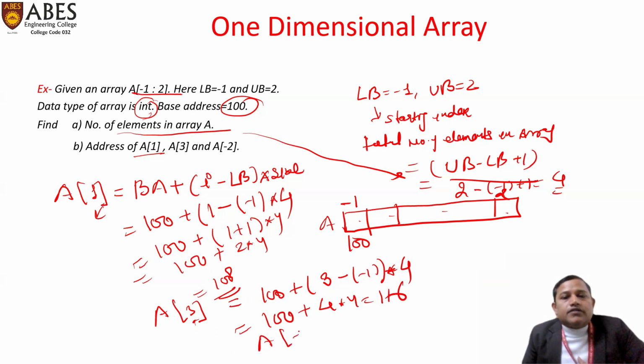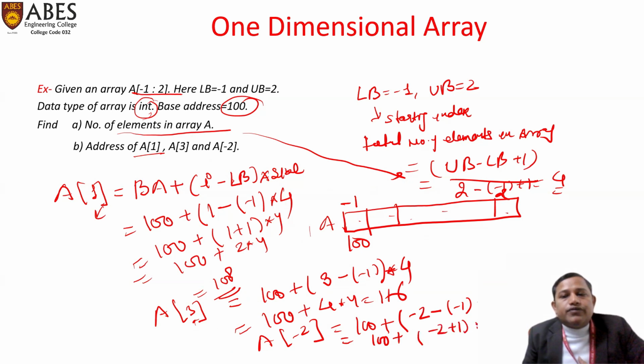Similarly, the address of the -2th index element is base address 100 plus (-2 minus (-1)) multiplied by 4, that is 100 plus (-2 plus 1), that is -1 multiplied by 4, that is 100 minus 4.